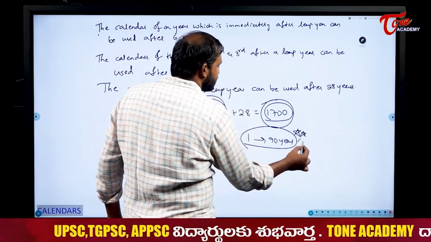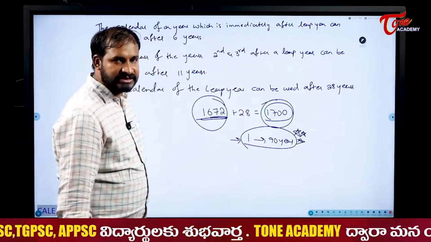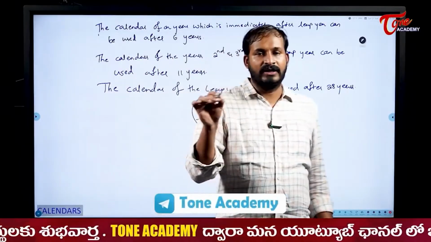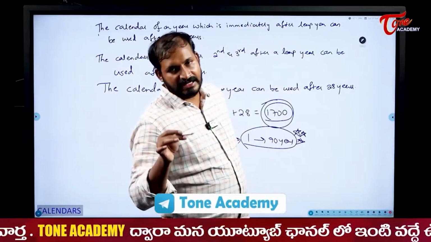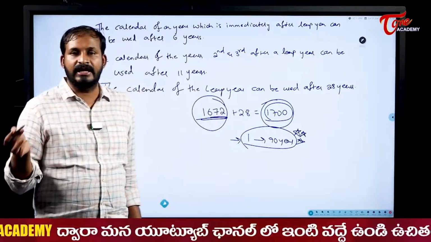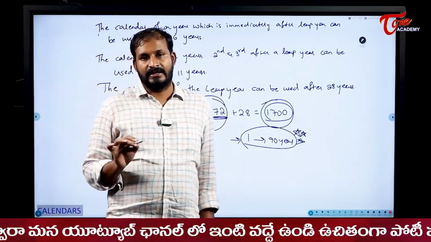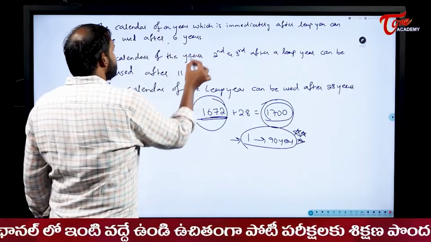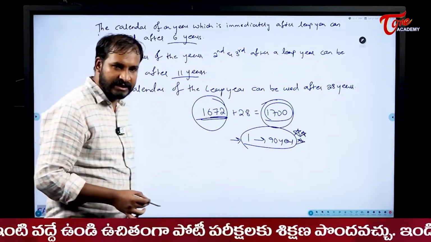Sir, if they ask us, now what I need to write the answer for 1672? You know the procedure. Just now I have told you 1, 1, 2, 2. You should write like that, and a non-leap year should be matched with non-leap year, and a leap year should be matched with leap year. This is how you need to solve the problems. For timing, remember plus 6, plus 11, and plus 28.